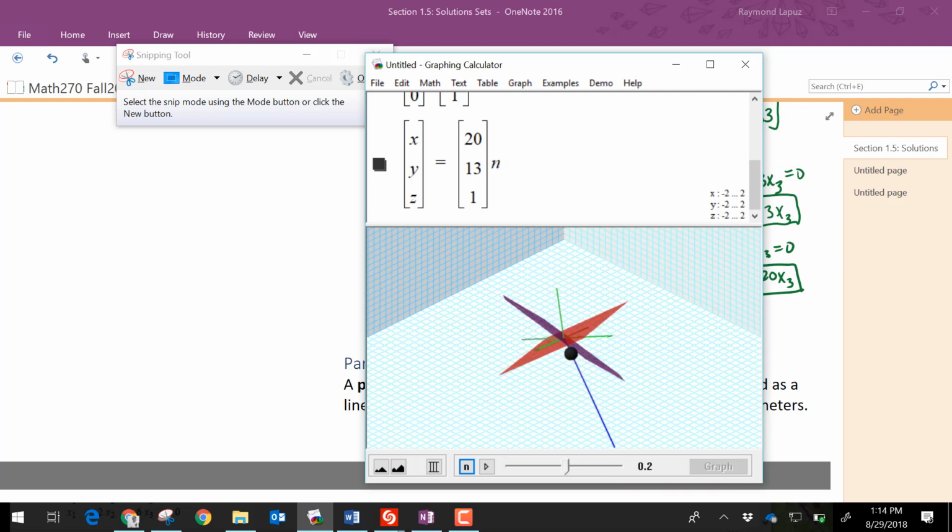And so what we're doing is that we're letting n be the parameter, that's like your x3, and if you just scalar multiply the 20, 13, and 1, your solution, by some random parameter, then I'm going to get every single point in that line, which is a solution set. Okay? Does that make sense?